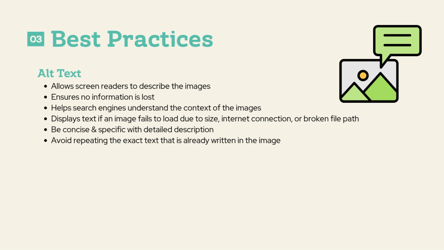It helps search engines crawl and understand the context of your page. And, practically speaking, if a user has a weak internet connection and the image fails to load, this text displays instead. When writing it, be concise and specific with your description, and remember a golden rule: avoid repeating the exact text that is already written on the page or inside the graphic itself.